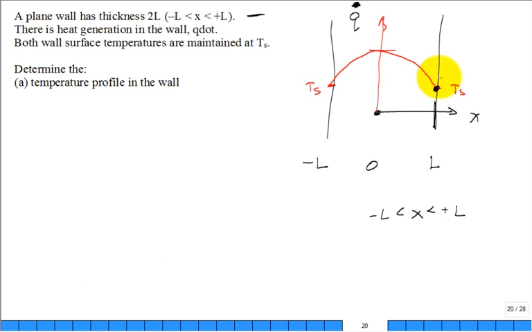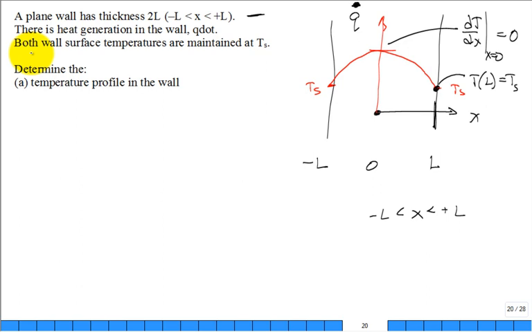The differential equation is our heat equation. The boundary conditions, there are two ways of writing it, but I would use this one: dT/dx at x equal to 0 is equal to 0. Flat. It's symmetrical about the center line. And then right here, T at L is equal to Ts.